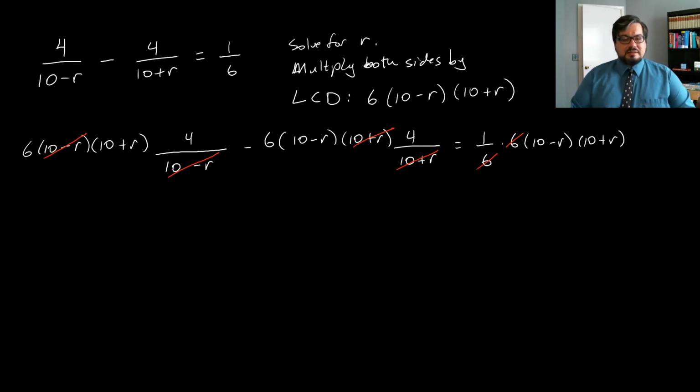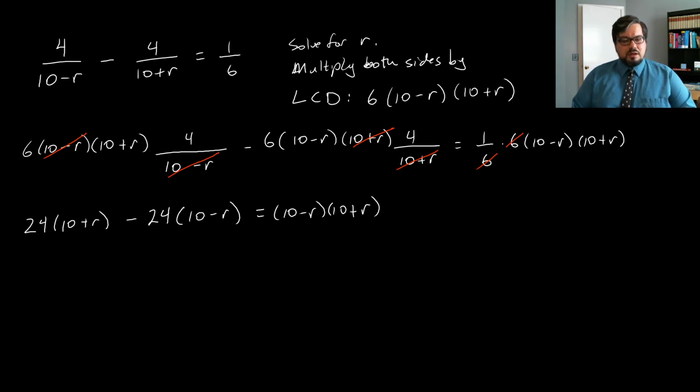And so then let's see what we get. This first term will become, we've got a 6 and a 4 being multiplied, so that's a 24 times 10 plus r, minus, again, a 6 times 4 is 24 times 10 minus r. This equals 10 minus r times 10 plus r.